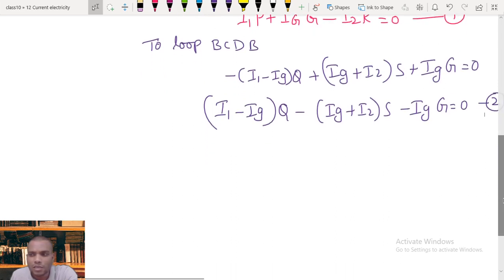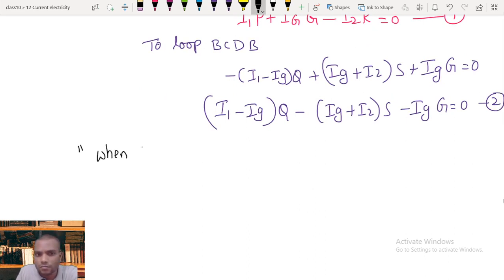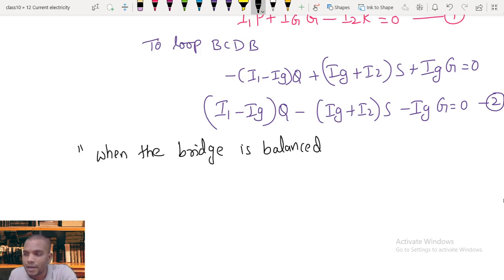So here I am using a special case, which is very important, called when the bridge is balanced. So what is the meaning of this sentence?